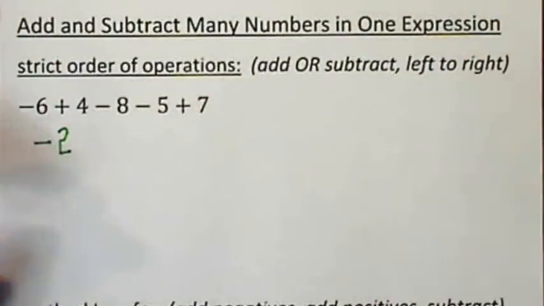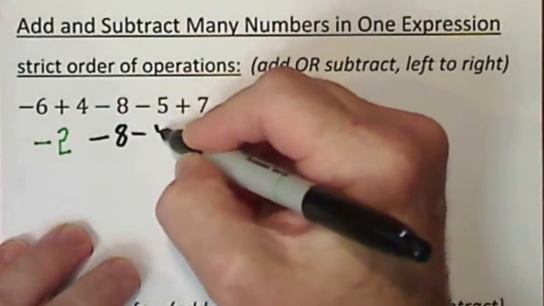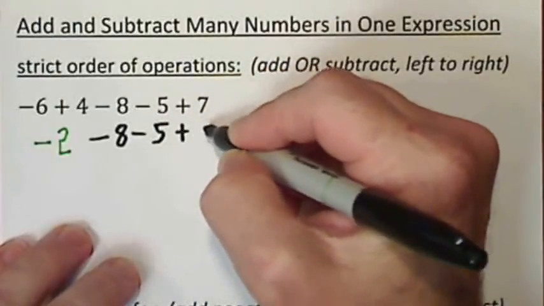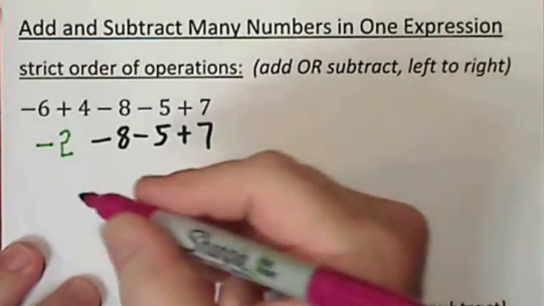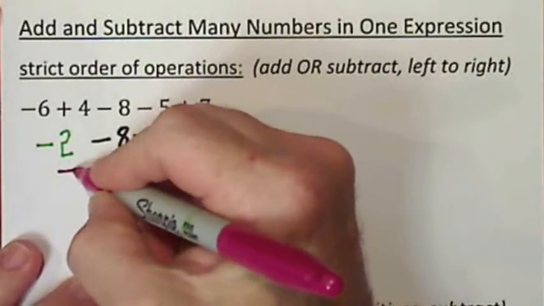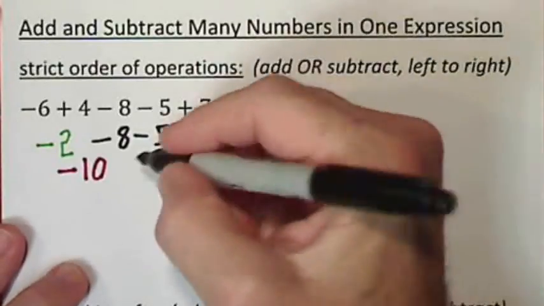And now bring down everything that you have not touched. Then you deal with the first two. Negative 2, negative 8. The signs are the same. So you add, keep the sign of the larger, and bring down whatever you haven't touched.